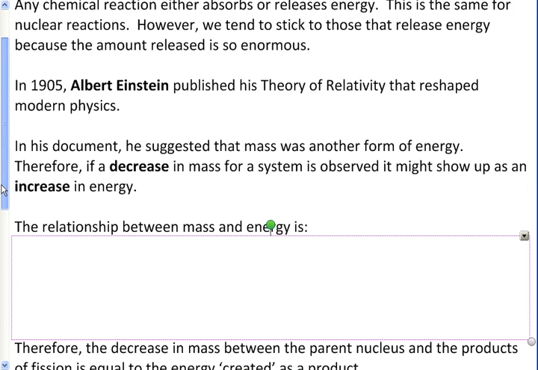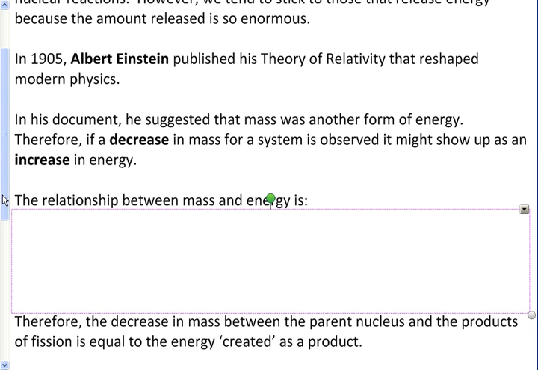So in his document that was dealing with the theory of relativity, he suggested that mass was another form of energy. And therefore, if a decrease in mass for a system is observed, it might show up as an increase in energy.